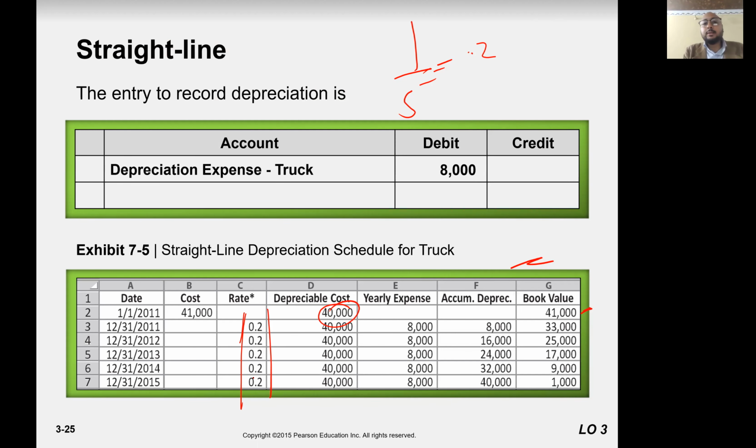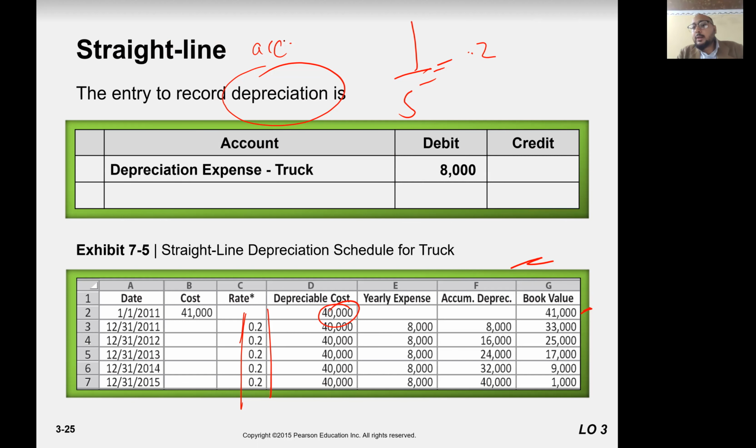So how do you record the entry? Depreciation expense to asset? No, because asset decrease, but we said that in depreciation we make a contra account of depreciation, which is accumulated depreciation.